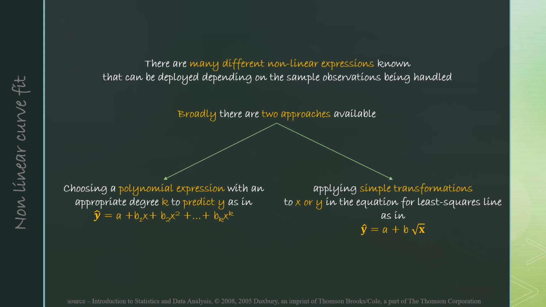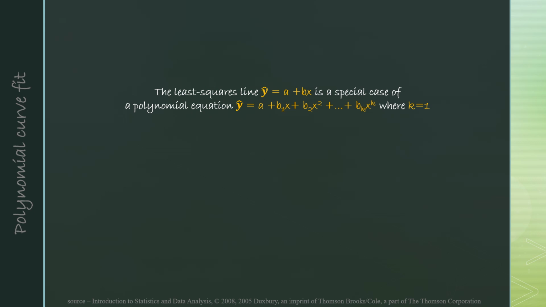Let's begin with the polynomial expression first. The least squares line equation y hat equals a plus b multiplied by x is a special case of a polynomial equation y hat equals a plus b1 multiplied by x plus b2 multiplied by x square and so on until bk multiplied by x raised to the power k, where k equals 1.